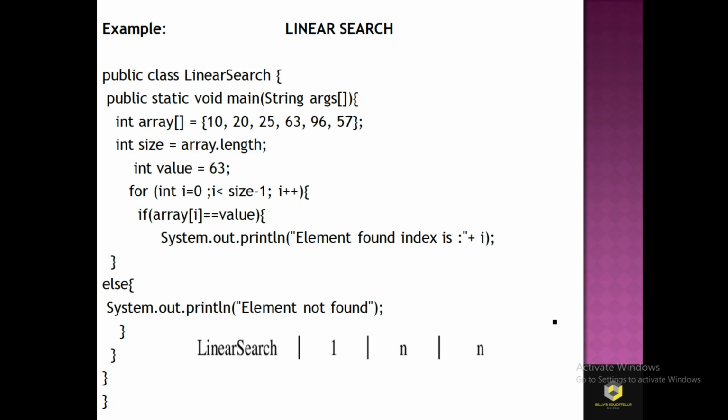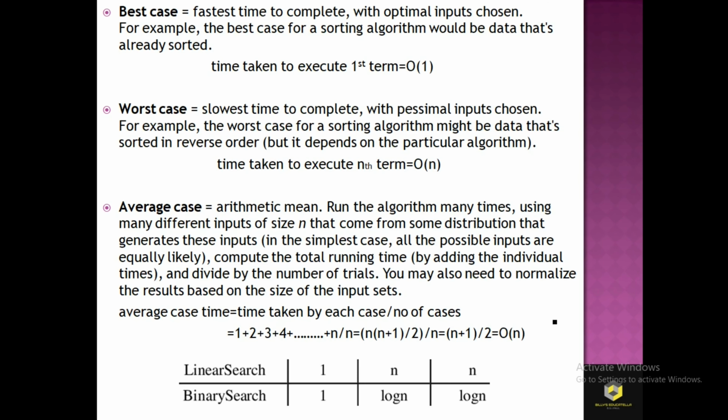Before discussing linear search, I would like to discuss the best case, worst case, and average case. Best case is the fastest time to complete with optimal inputs chosen, where optimal inputs means few inputs.